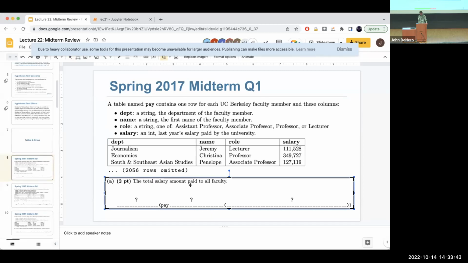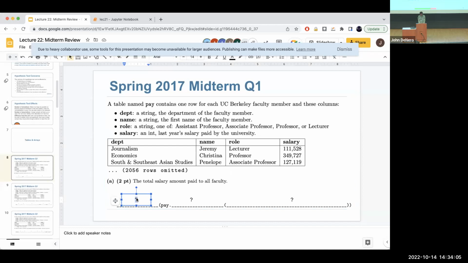The total salary amount paid to all faculty, for a table that describes one row per faculty member, is going to have to sum up a column of the salary. So even though this says paid to all faculty, you just know the table is all faculty, at which point you don't need to select out the faculty members. You know you have all the faculty, so you can use the whole table.